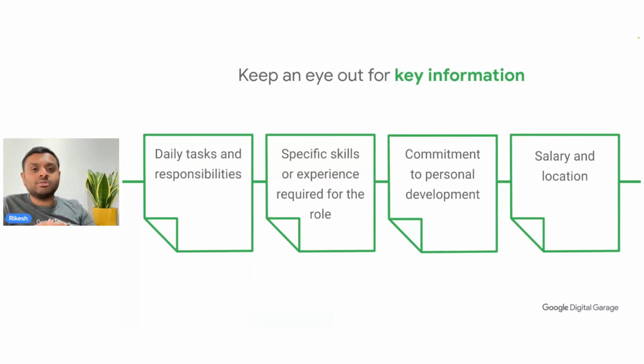But as well as the employer, as well as the recruiter interviewing us, we also should think about making sure that this role is right for us and it's going to be perfect for us. It's going to be just as fruitful for us as well. So we can also look within the job description to see what the commitment to personal development is.